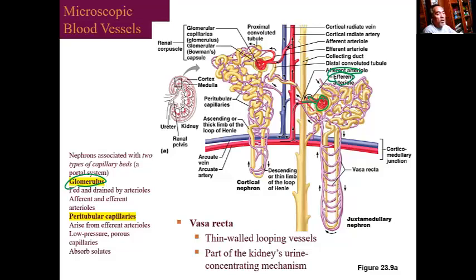Okay, and then from there it will pass through what we call peritubular capillaries, which are located around the convoluted tubules, and from there it also has branches going down like a stairway. This structure is called the vasa recta, and those vessels will then turn back to the vein.